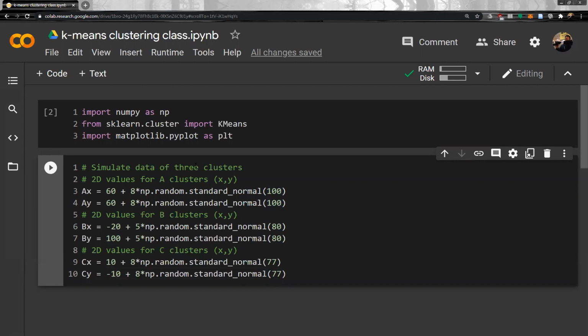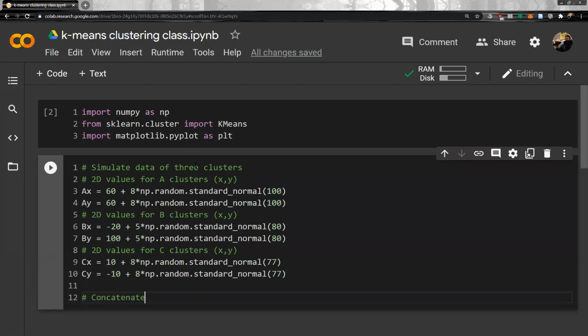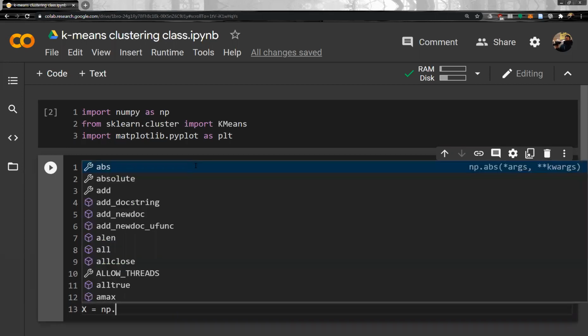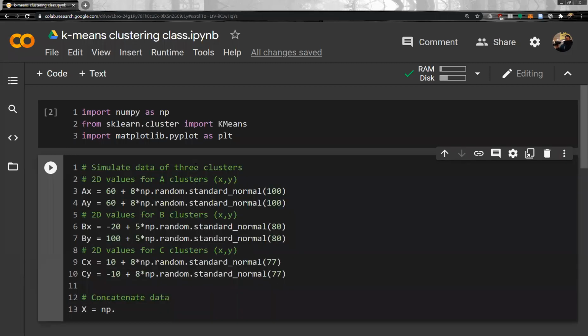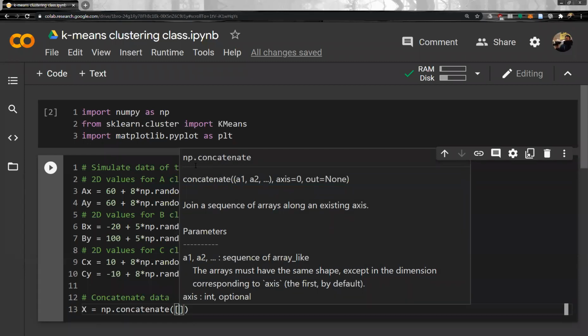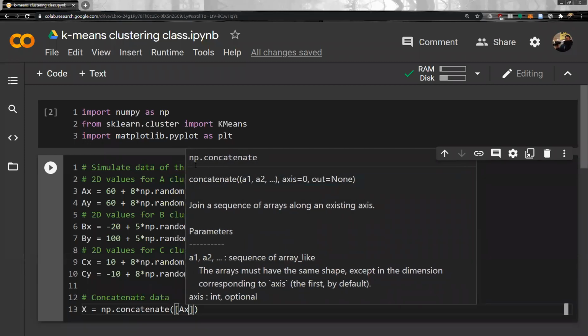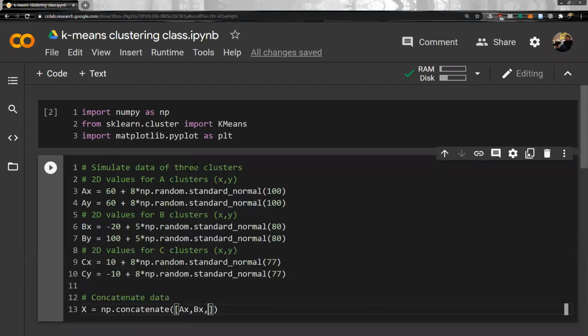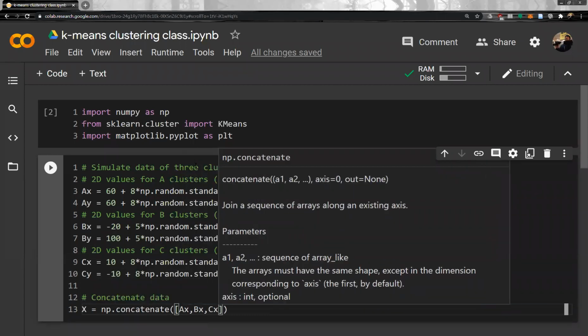And then to collect the data, let's concatenate the data. So x is np.concatenate of all x values, AX, BX, and then CX.